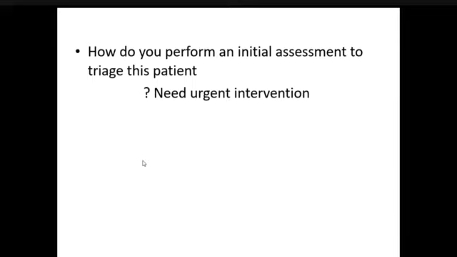But certain things we can see from a distance, so we have to include those as well. So how do you perform an initial assessment? What are the important things? Can somebody answer? What are the things you look for in this patient?